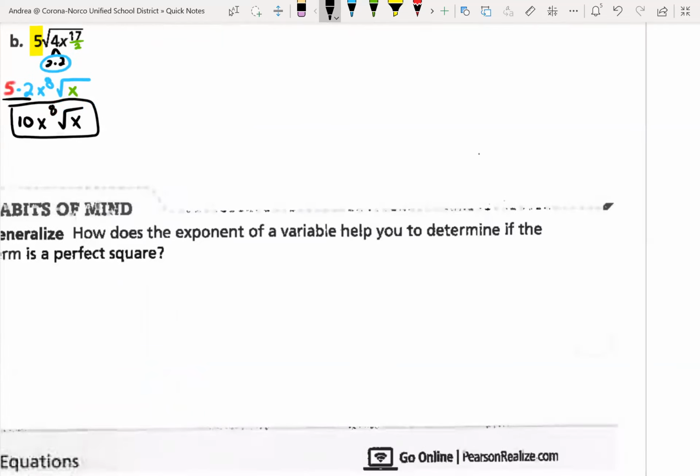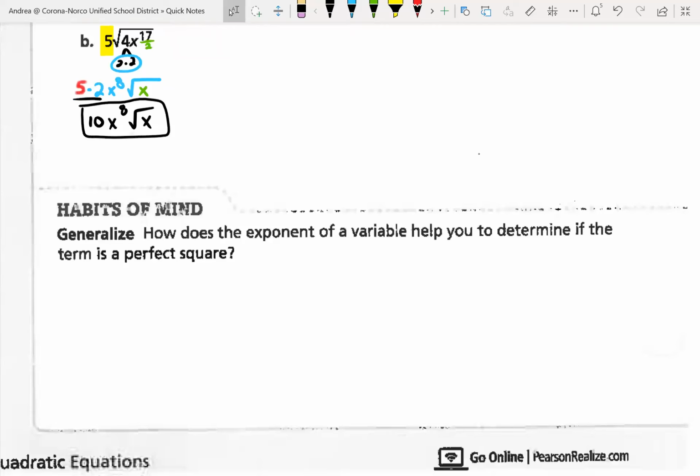So how am I going to know if x to a certain power is going to be a perfect square? It's exponents, you guys.